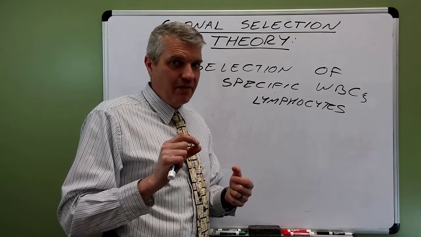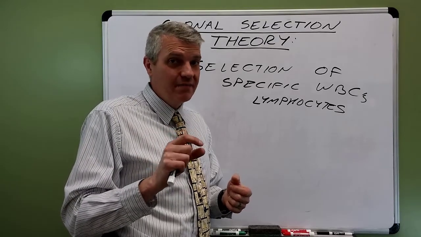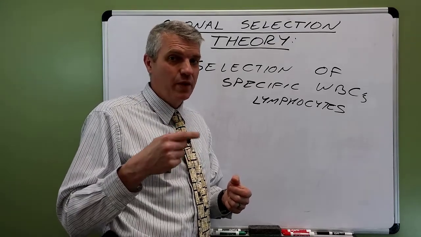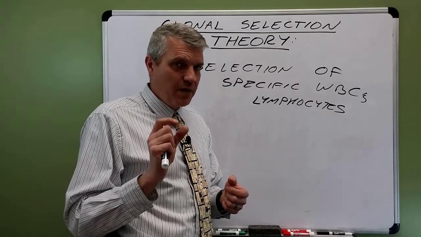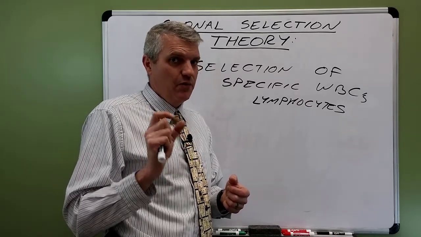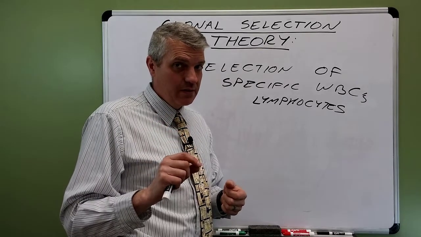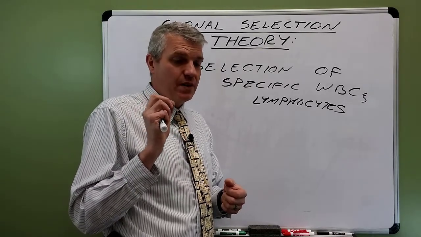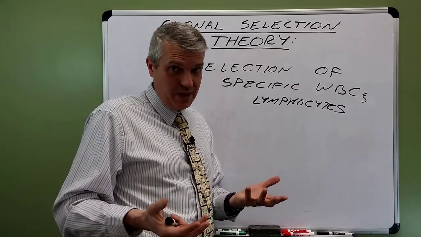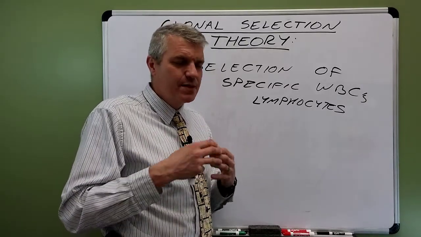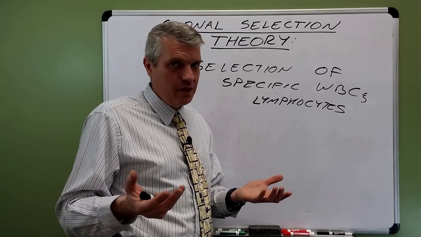As they go through that development, part of the development is a random rearrangement of part of the genes for these lymphocytes. That random rearrangement makes it so that these billions of different lymphocytes can recognize billions of different antigens.